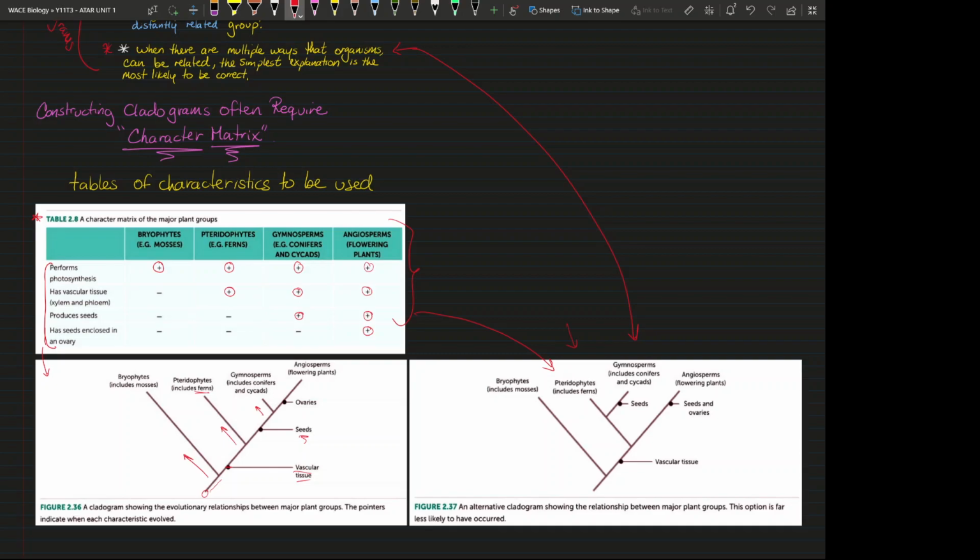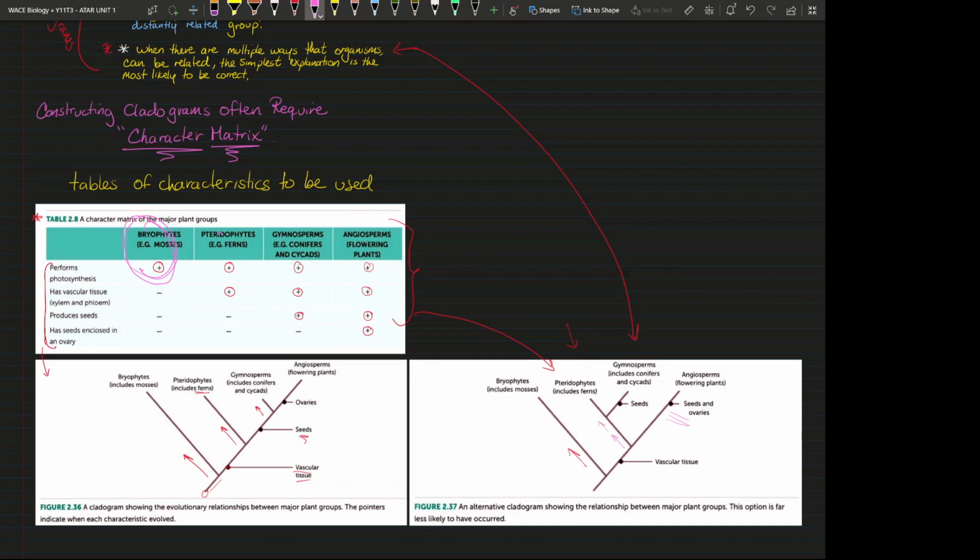And this cladogram, it shows here, okay, you have your first organism. You have bryophytes, right? They don't have vascular tissue, so they're branched out. Okay, so let's kind of refer this to this table here. All right, so they branched out. Then you have the pteridophytes. You have the ferns. Okay, they have to branch out because they don't produce seeds in ovaries, right? They only have vascular tissue, so they start branching out from these seeds and ovaries.